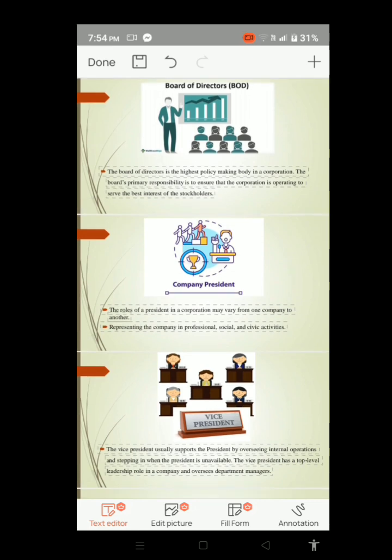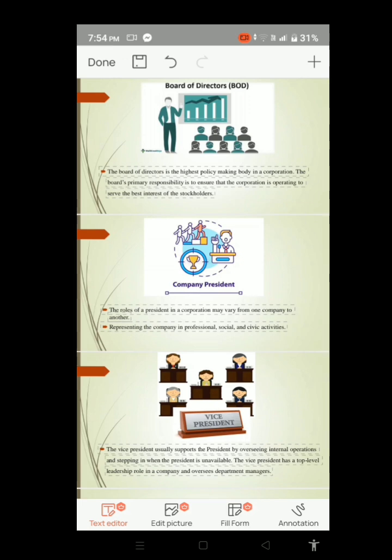Board of Directors. The Board of Directors is the highest policy-making body in a corporation. The board's primary responsibility is to ensure that the corporation is operating to serve the best interests of the stakeholders. Company President. The roles of the president in a corporation may vary from one company to another, representing the company in professional, social, and civic activities.